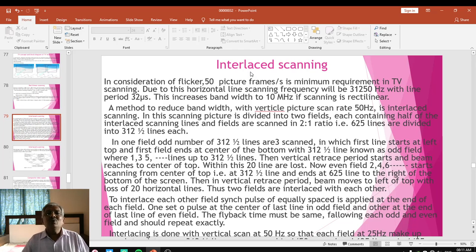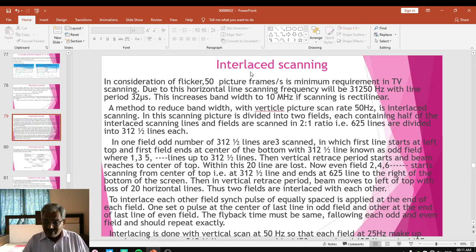Out of 625 lines, 312 and a half lines are scanned in one field and the remaining 312 and a half lines are scanned in the other field.